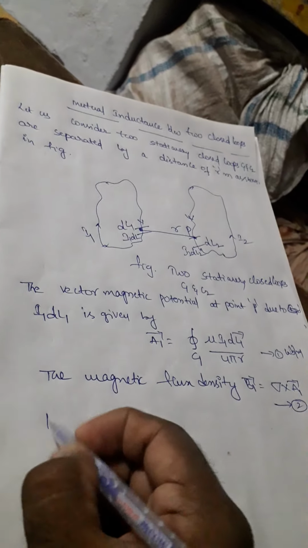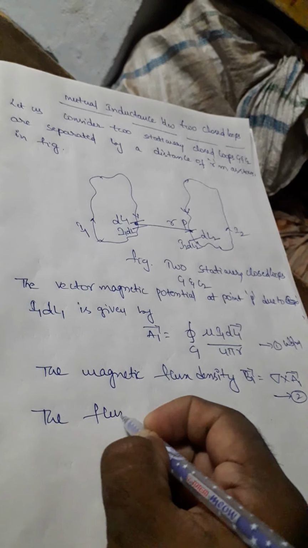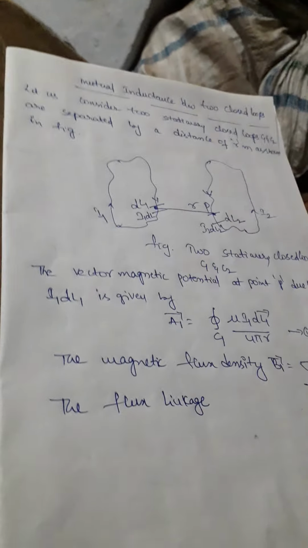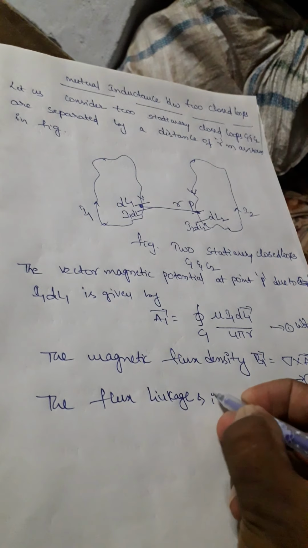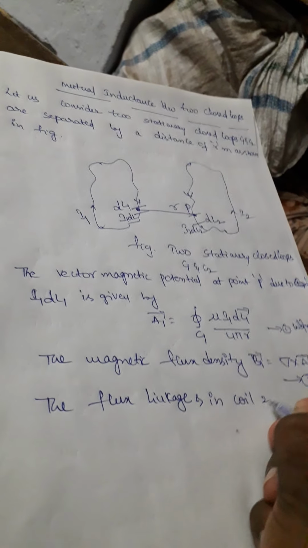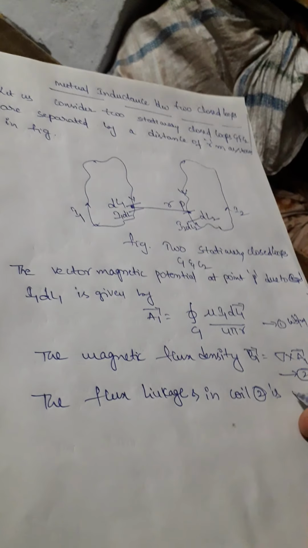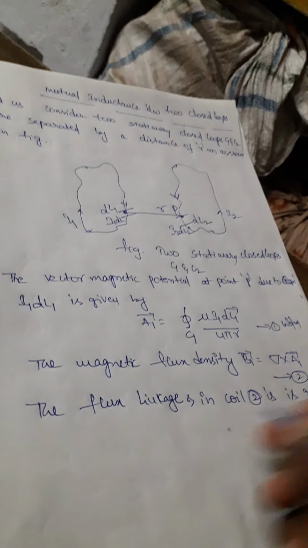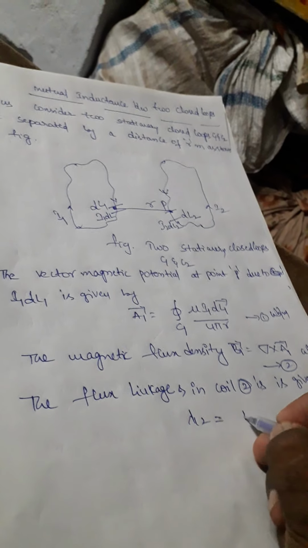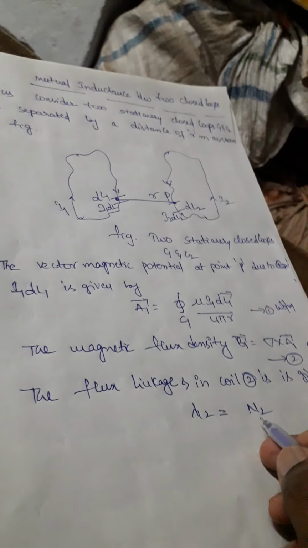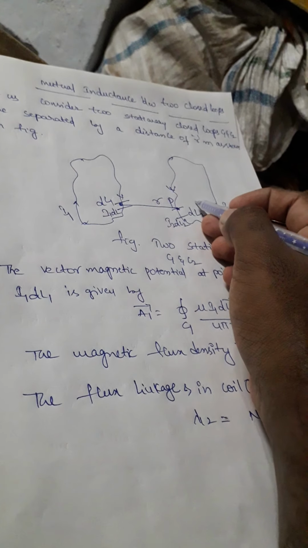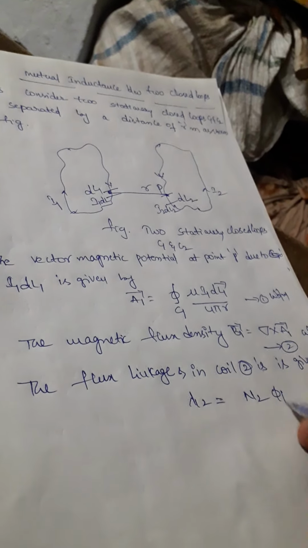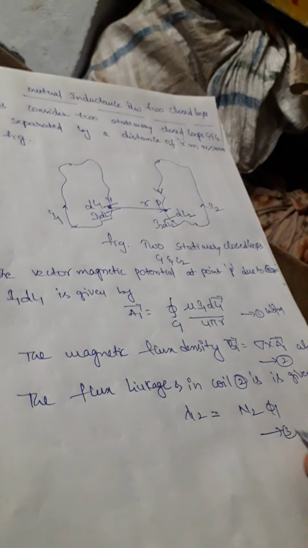So from this, the flux linkage in coil 2, or closed loop 2, is given by lambda 12. In closed loop 2 the number of turns is n2, and the flux linked is the flux due to current I1, that's why phi1, which is equation number 3.